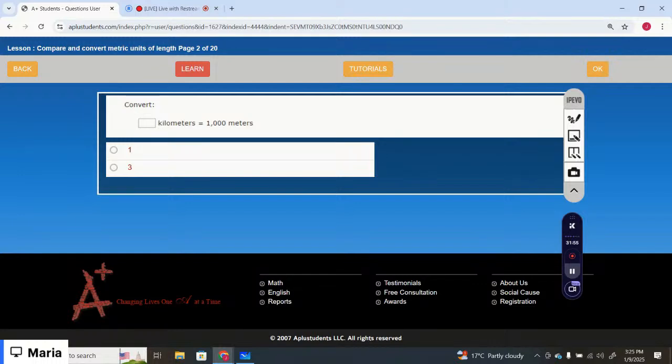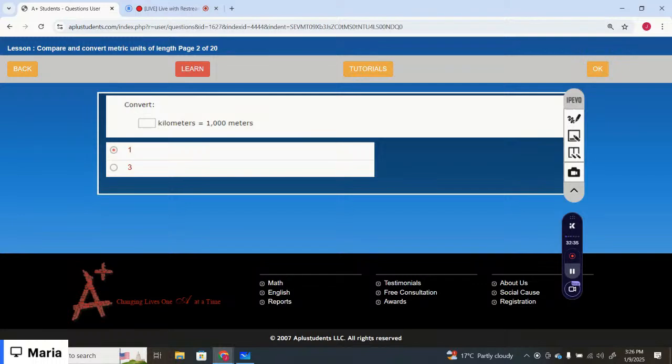What does not make sense? 1000 meters equal how many kilometers? 1000 meters equal 1 kilometer.